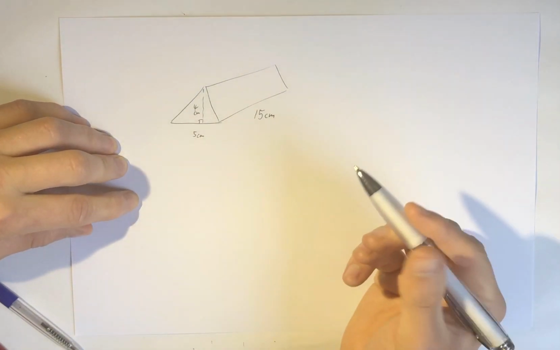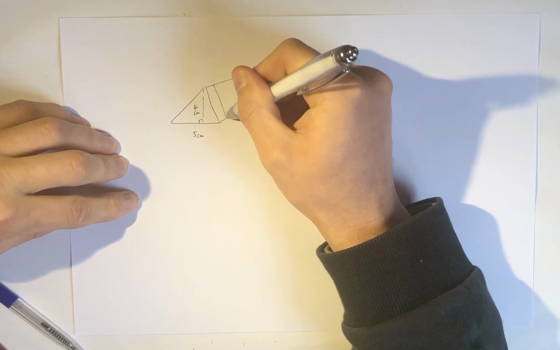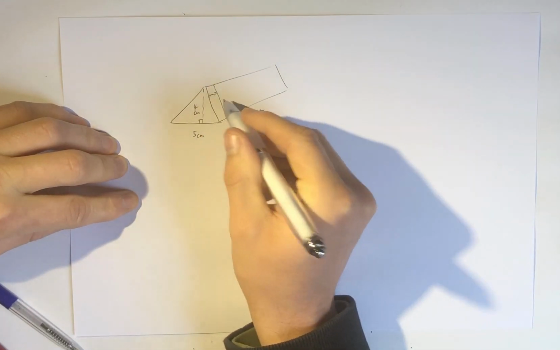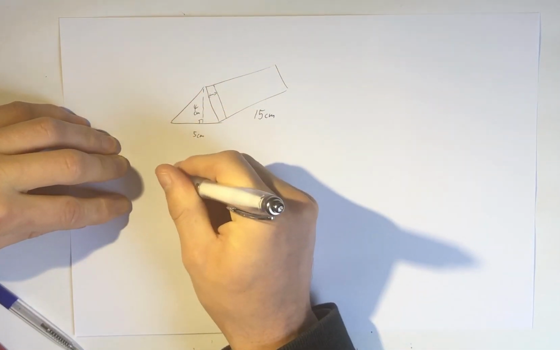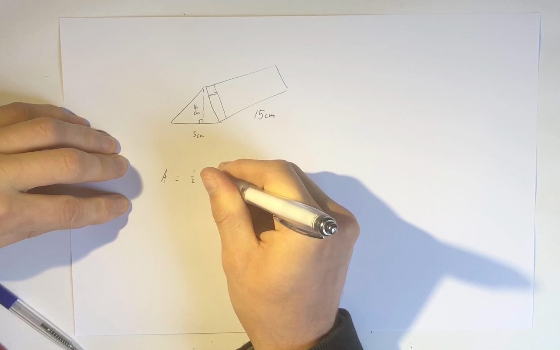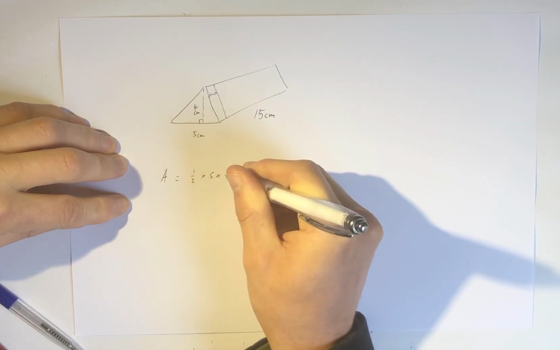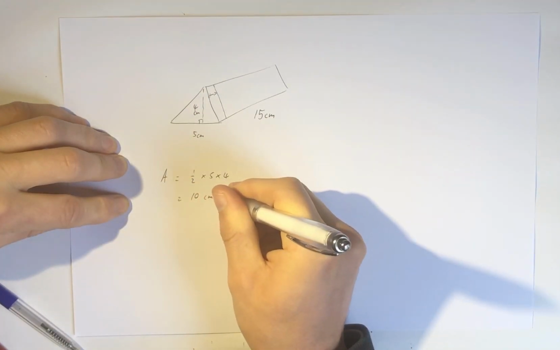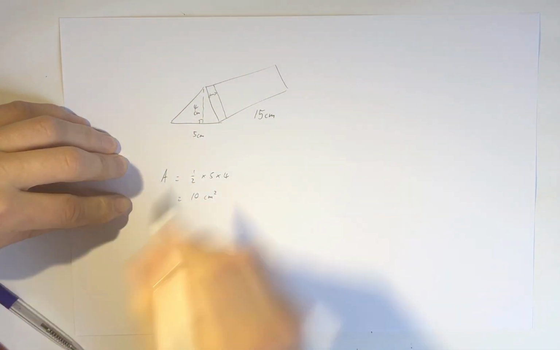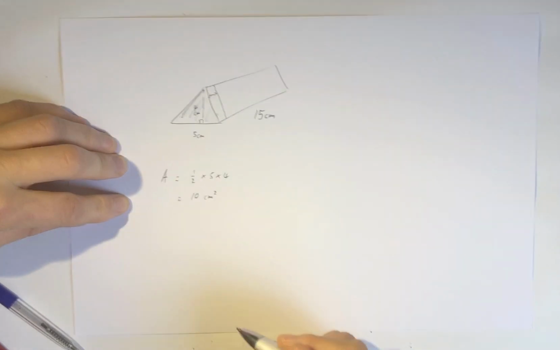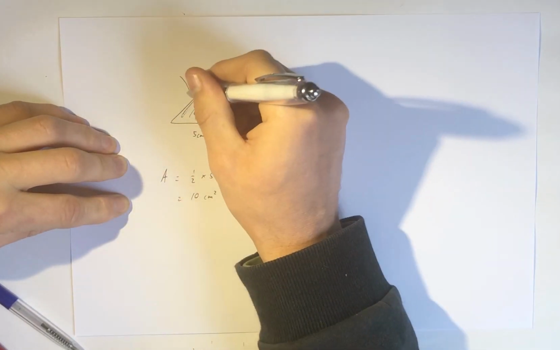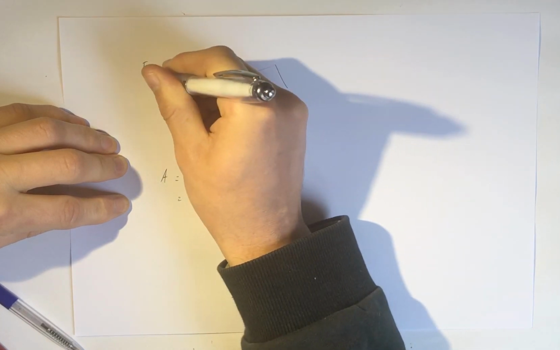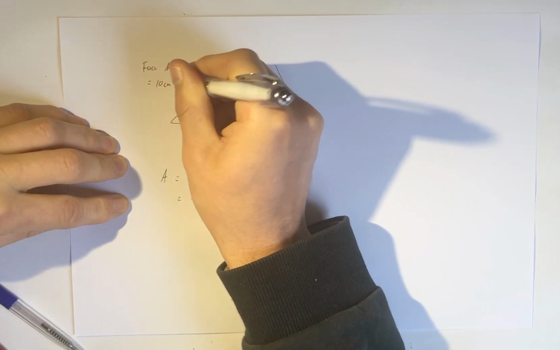So what I could do is I could just take this front face, where it's 1 unit deep, and calculate this area. So what's the area? Well, it's a half times base times height. So that's 10 centimeters squared on the front. So I've calculated this base area, this face area. So the face area is 10 centimeters squared.